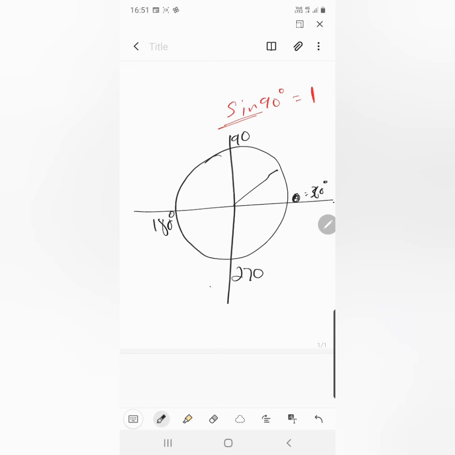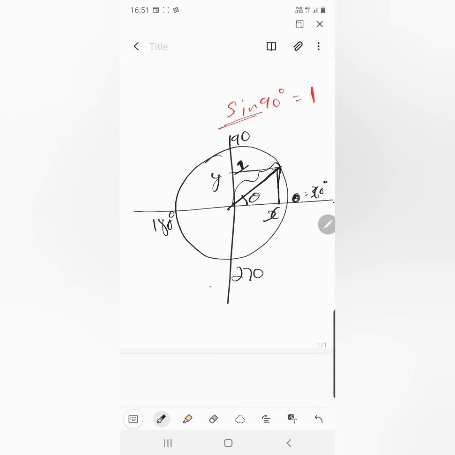So the unit circle has radius 1, and the value of the y coordinate and the value of the x coordinate, sine would be theta.